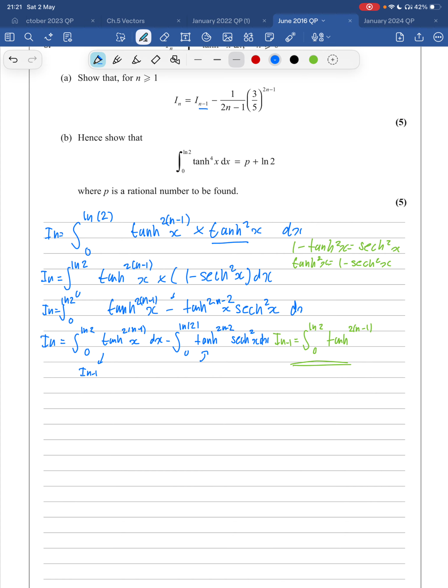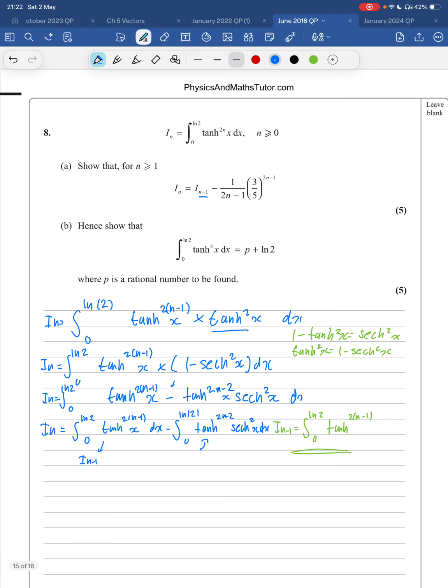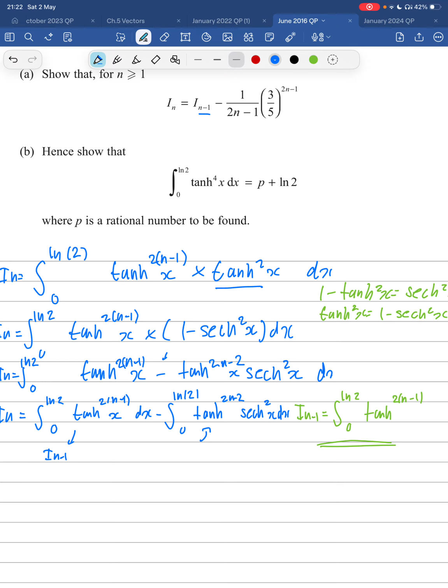What you have to spot, and they do give you some hints, is the power of 2n minus 1. But what you have to spot essentially is the reverse chain rule. You hopefully know what the reverse chain rule is, but what here looks like a differentiation into the other thing?